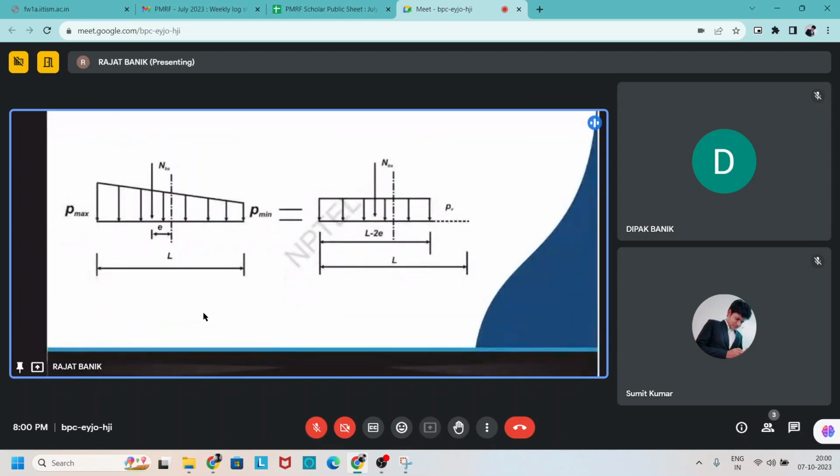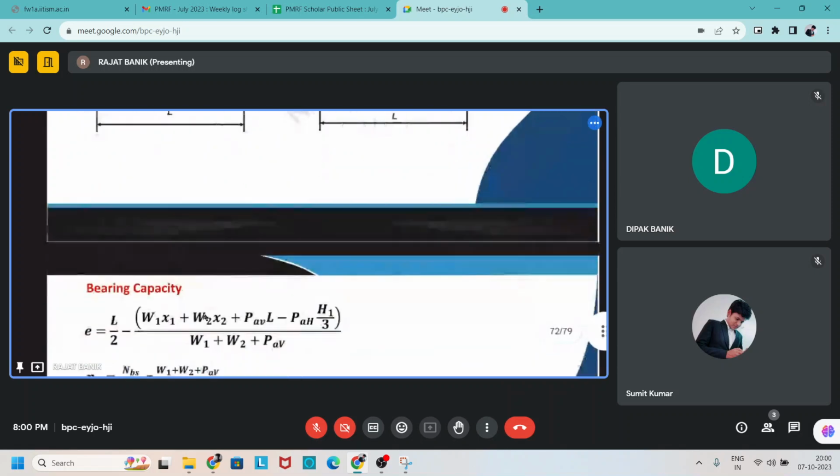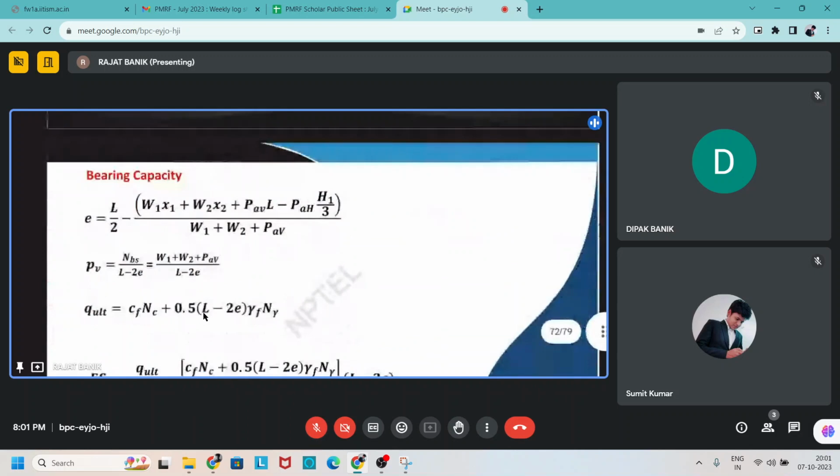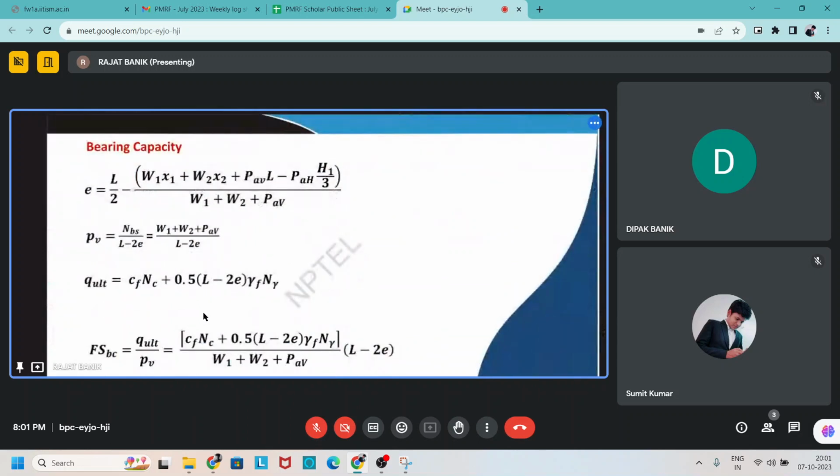And here a pressure diagram is given, which is created during the application of the force. In this way we also find the eccentricity due to bearing capacity failure.